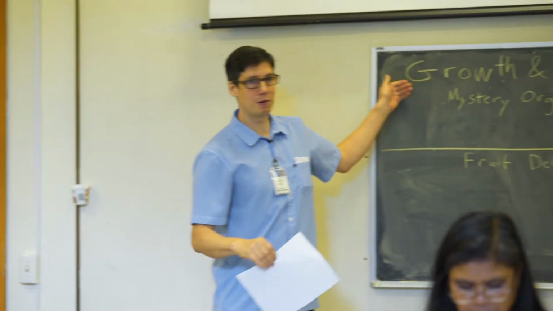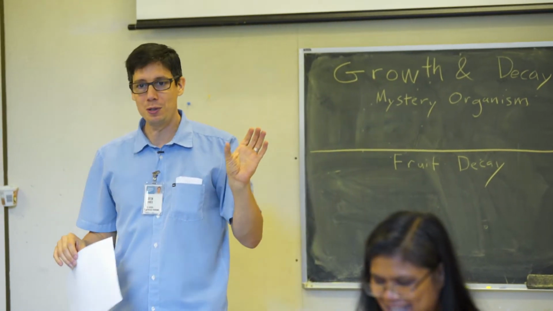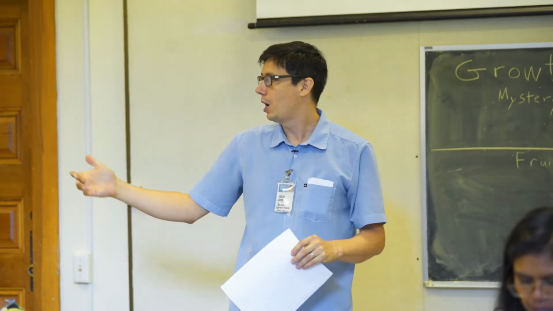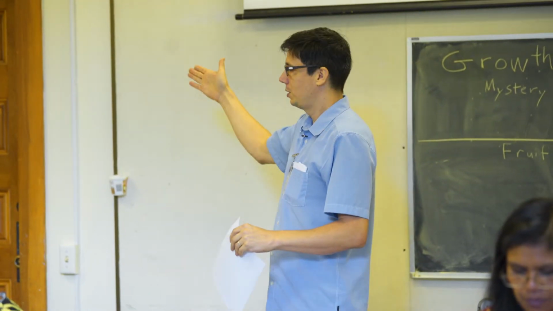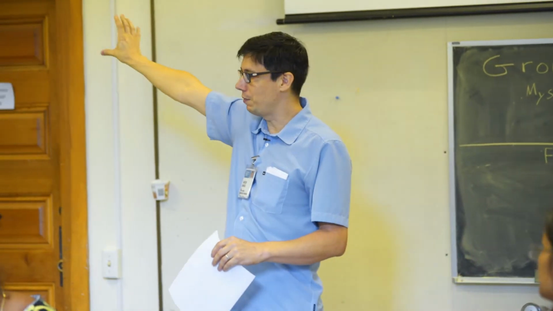Very excited to introduce our next activity, growth and decay. One way that you can use a field journal is to track changes over time. These could be changes happening in your schoolyard. It could be your view once a week of the cloud patterns on the ridge line and how that changes over time.